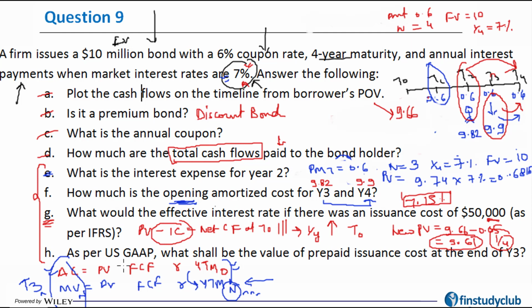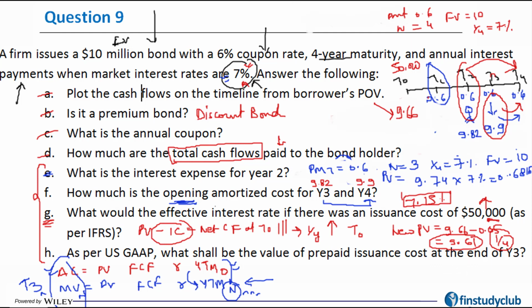Now, as for US GAAP, the issuance cost does not have to be deducted from the initial cash flow itself. Instead, it is taken on the asset side of the balance sheet like prepaid rent. So it's like a 4-year rent of 50,000 paid in advance. The question asks what shall be the value of the prepaid issuance cost at the end of the 3rd year.